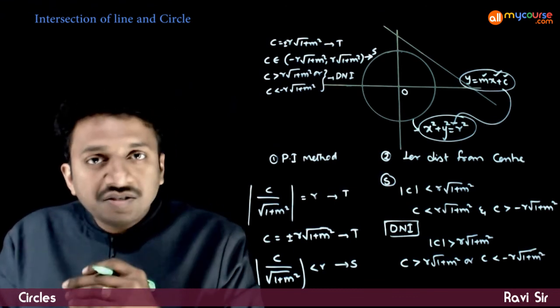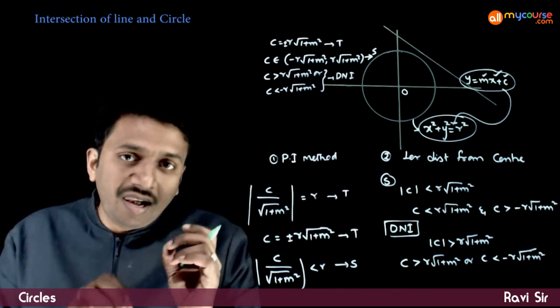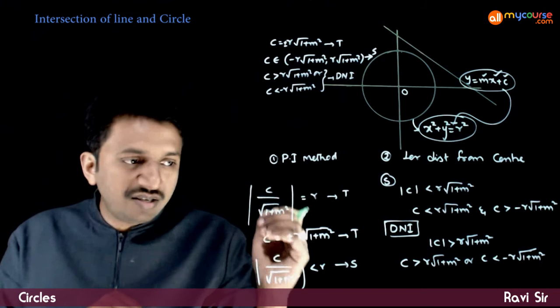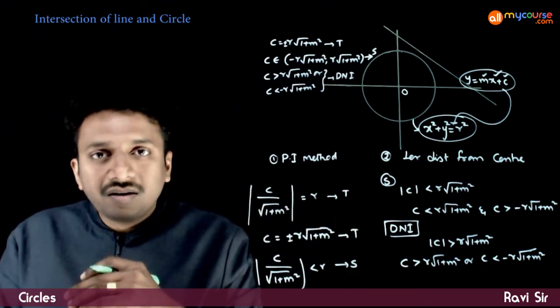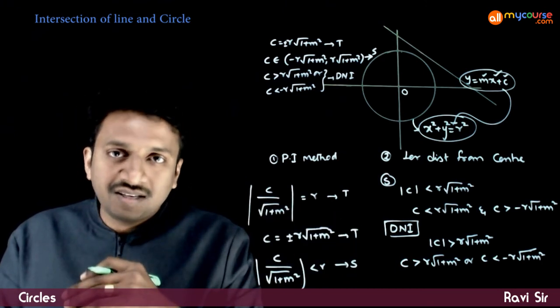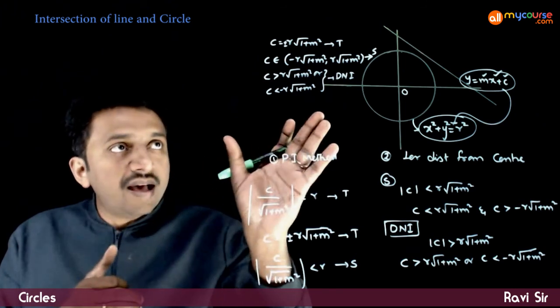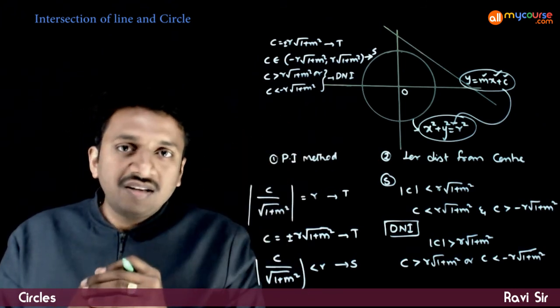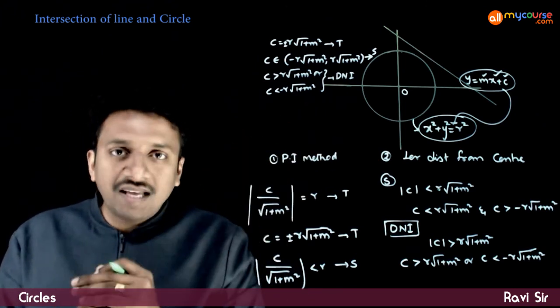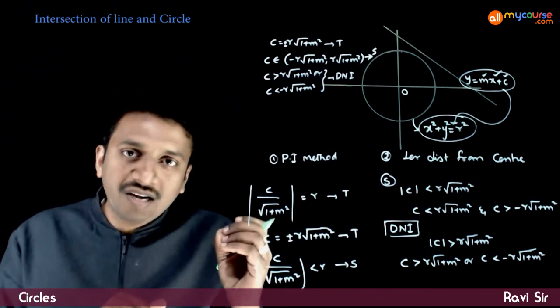So these are the conditions for a line to be a tangent, secant, or not intersecting the circle. So once you have derived the conditions, let us further analyze the nature of tangent to the circle.